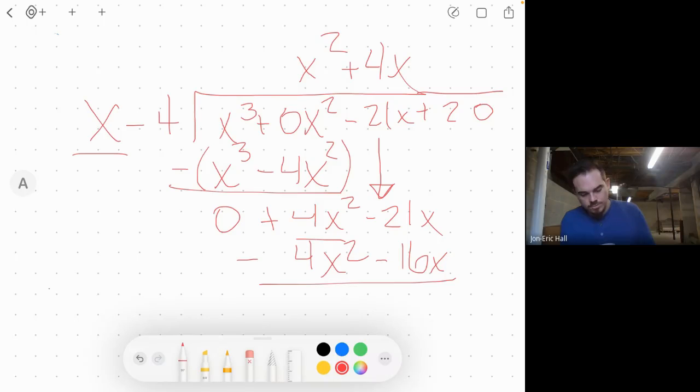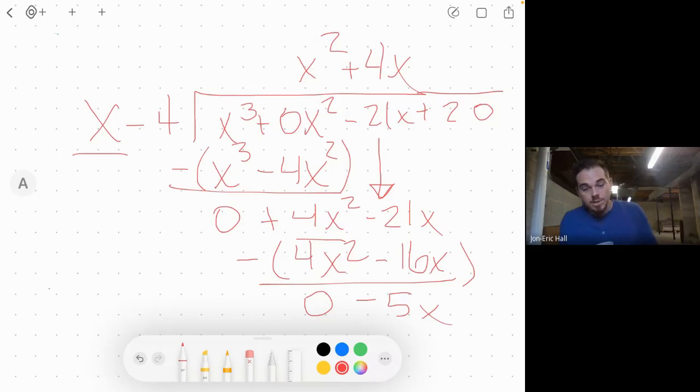Then you subtract again, which gives me my 0. Then negative 21 minus a negative 16 is like adding, so we're going back up, and I believe that one is 5. So that is minus 5x.